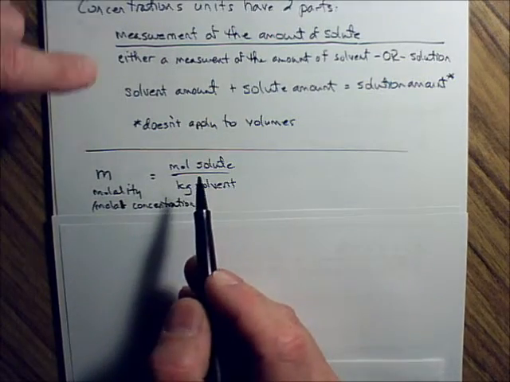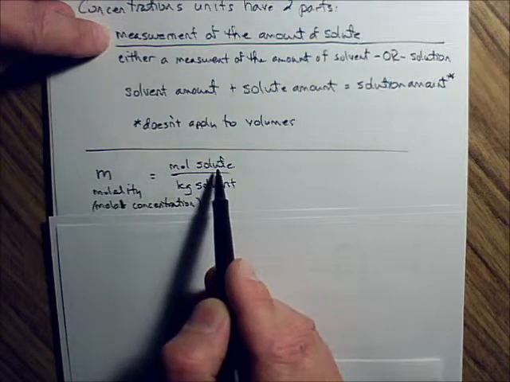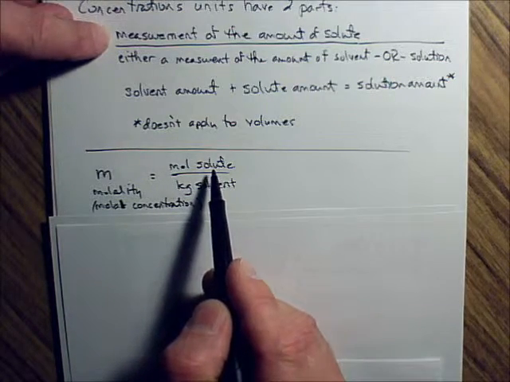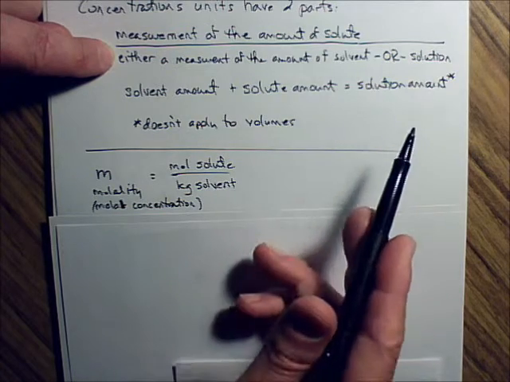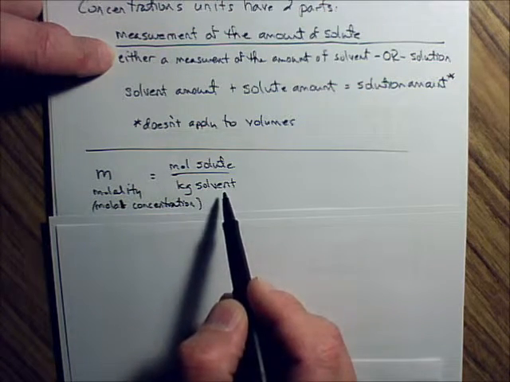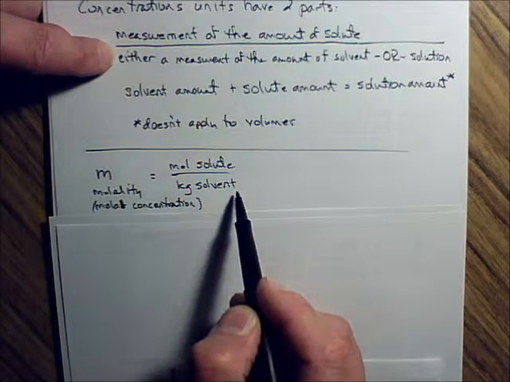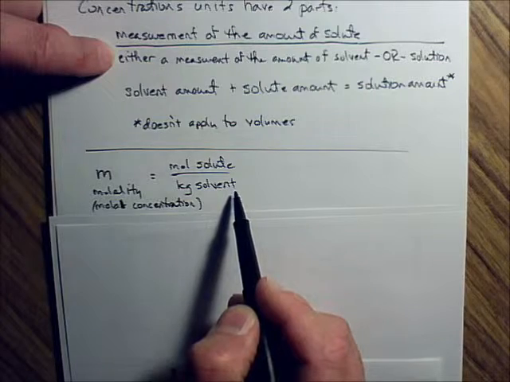Now notice we have to have a measurement of the amount of solute. Well, for molality we have moles. That's an amount. And either a measurement of the amount of solvent or solution, well, in this case we have some measurement of the amount of solvent. So molality is moles of solute over kilograms of solvent.